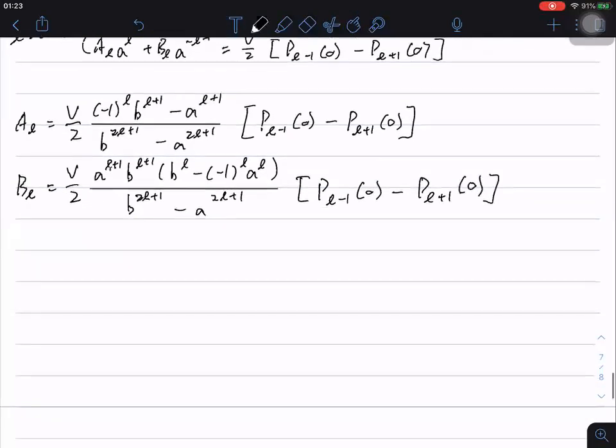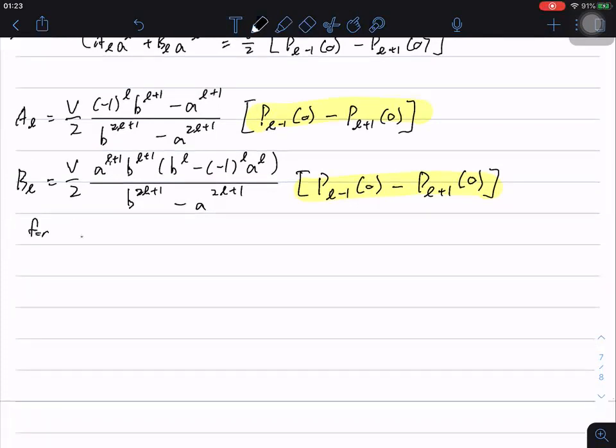Okay, one final touch here, because we all know that for this term, the highlighted term, it will vanish if we consider odd number L. So again, consider only odd number L. For odd number of L, we can also change the -1 to the power of L to basically -1. We can simplify that.